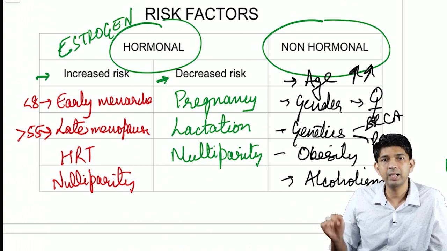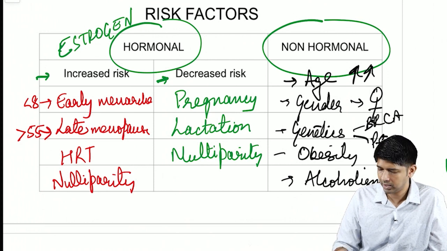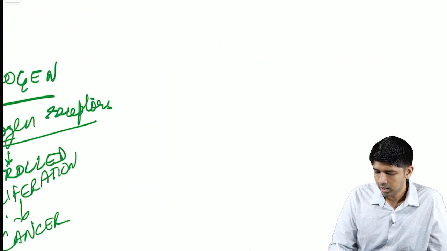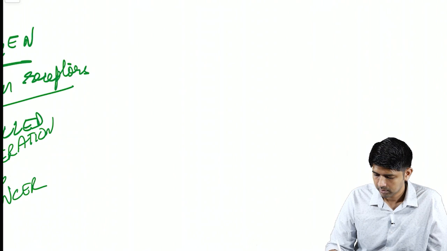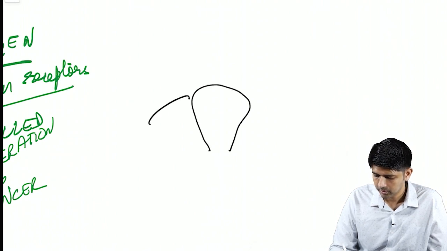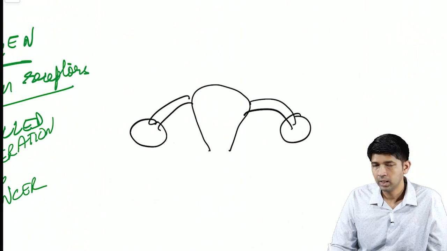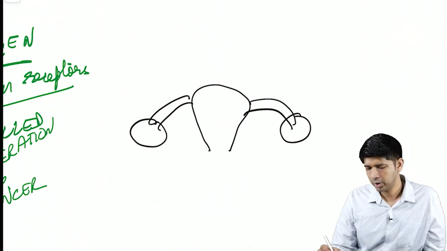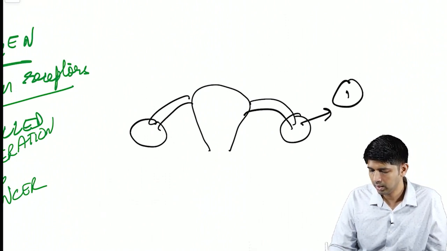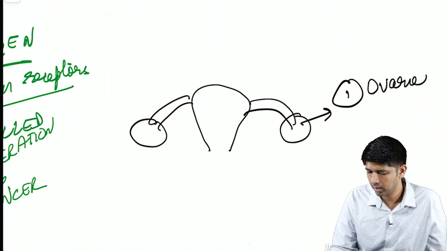Now, why is obesity and alcoholism a risk factor for developing CA breast? Now, let's just look at it. Normally, you have the uterus like this, the fallopian tubes and the ovaries. Predominant production of estrogen is from the ovaries, all right.